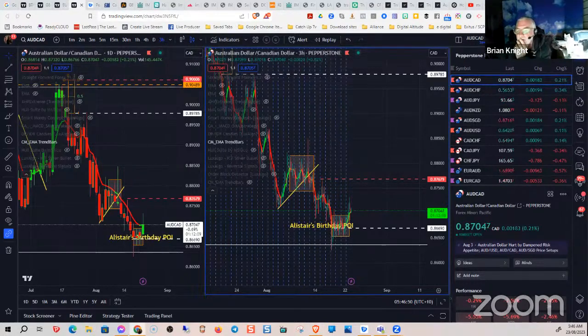Maybe nobody saw it. Did I drop it in or not? No, I didn't. I thought I had. Whoops. Rightio, no, it's not there. So it's not in the chat. Anyway, it was an article about AUD USD. I thought I did. I did it on my phone, so obviously it didn't copy across.